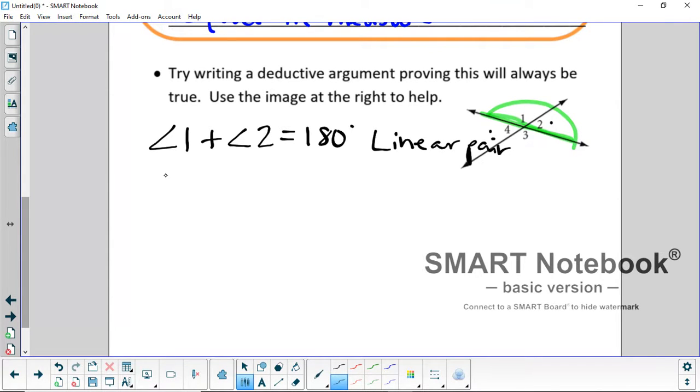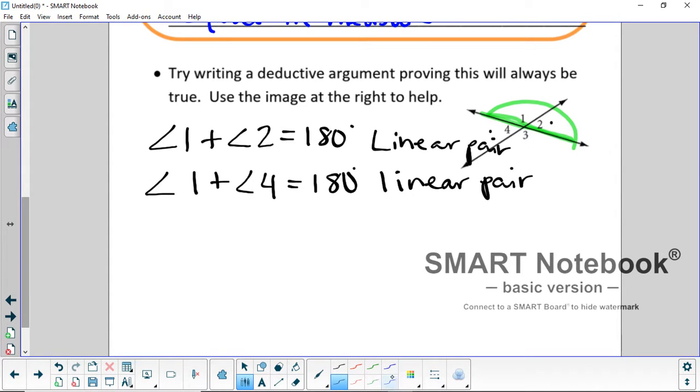Well, that's also the same with angle 1 and angle 4. They are also a linear pair, adding up to 180 degrees. Now, if I look at these two statements, the common angle between them is angle 1. Because these two angle 1s are identical in size, it does imply that angle 2 and angle 4 have to be equal.